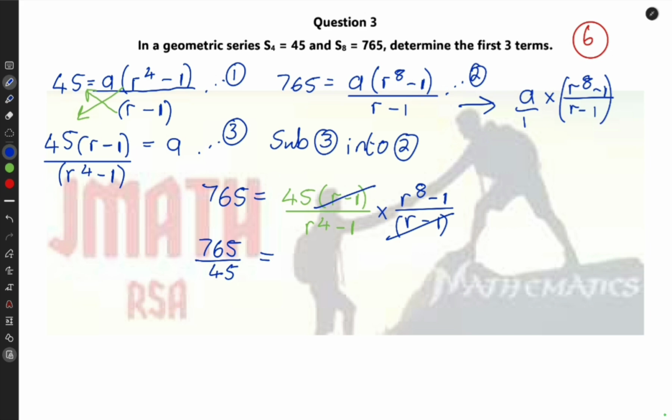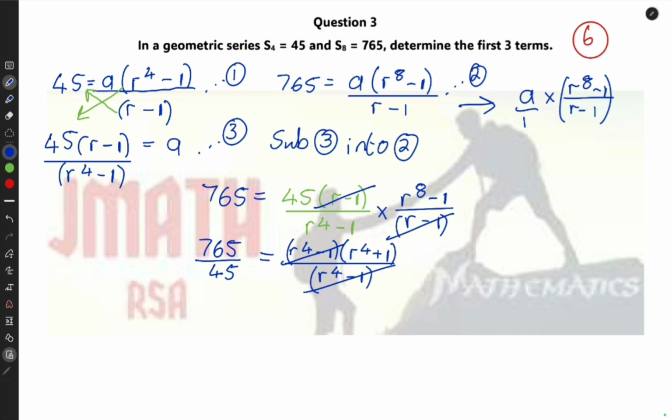Do the biggest one first and see if it can maybe cancel out something else. So r^8 minus 1, I can split up to (r^4 minus 1)(r^4 plus 1), and that is still over r^4 minus 1. Put that in a bracket, and great. Now this bracket can cancel that bracket, and I'm only left with the r^4 plus 1.